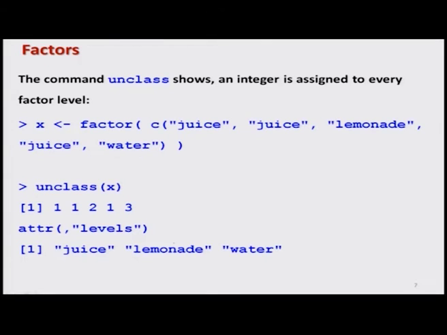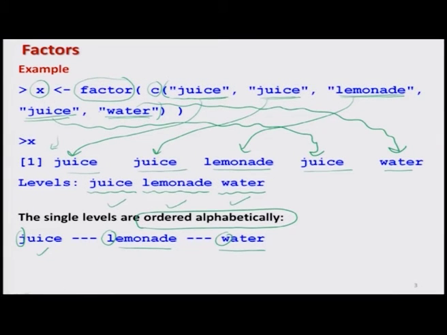So, now we have used this data set where I had these values juice, juice, lemonade, juice and water, and we had factorized it. And how was the outcome? If you try to see here, I can show you in the earlier slide. This was the outcome.